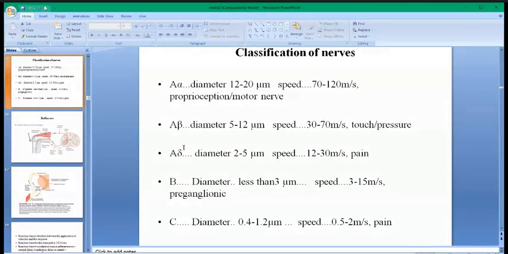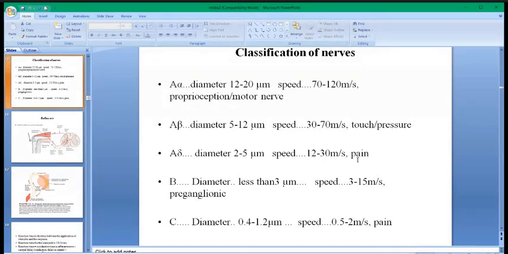Then the A delta nerve is also a thin nerve, myelinated but very thin. You see here it is 2 to 5 micrometer in diameter, and the speed of impulse is half of this, 15, so here 12 to 30 meter per second.